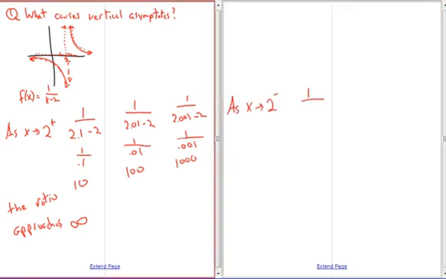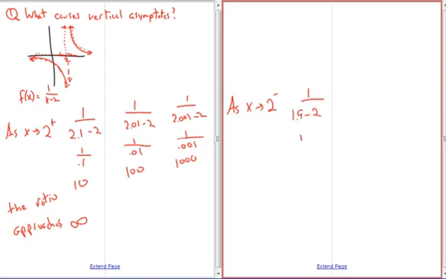If we look at this by plugging in numbers as x approaches 2 from the left, so that would be maybe 1.9, 1.99, 1.999. So 1.9 minus 2 is negative 0.1. 1 divided by negative 0.1 is negative 10. If we're at 1.99 minus 2, that's going to give us negative 0.01, and 1 divided by that number is negative 100.